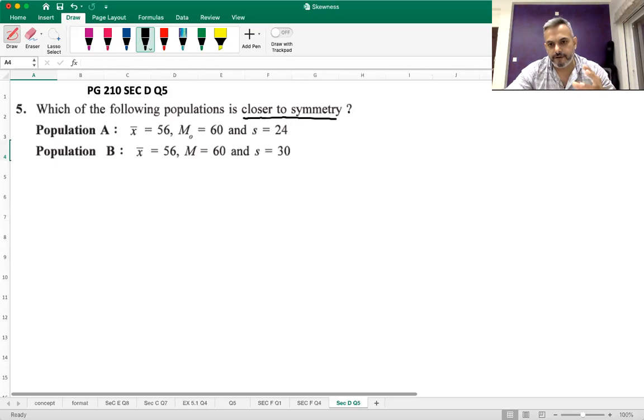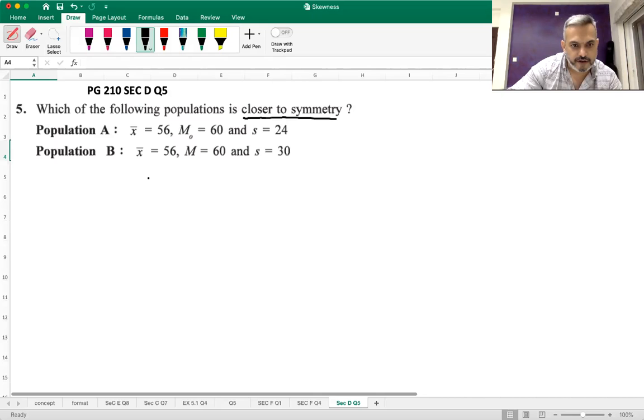If a data is symmetric, then skewness is zero. Closer to symmetry means skewness should be nearer to zero or equal to zero. That means that population is closer to symmetry. We'll see it in the formulas, and then we will compare.